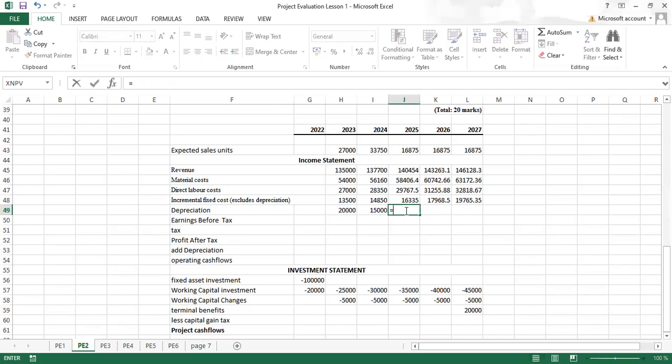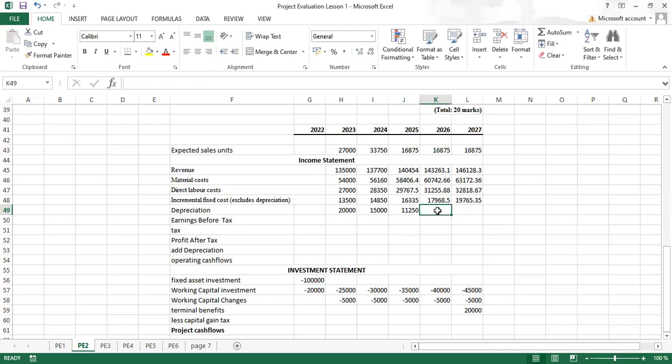Go to the next one, equals, open bracket, 80 minus the sum of these two, close again bracket because I had opened two brackets, times 0.25.